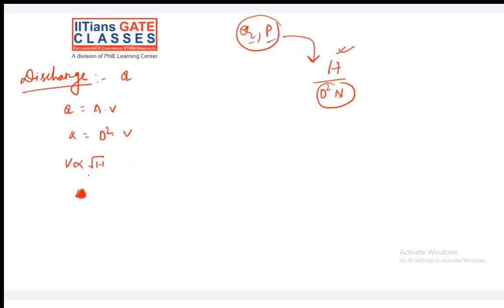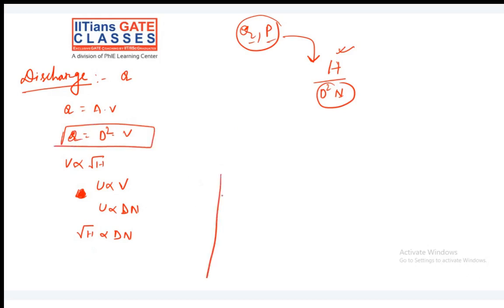So V is directly proportional to the square root of H, this we know. And u is directly proportional to V, and u is directly proportional to DN. So the square root of H is directly proportional to DN. Now let us put these things into Q. Q is directly proportional to D square into velocity, velocity is square root of H, and square root of H is DN.